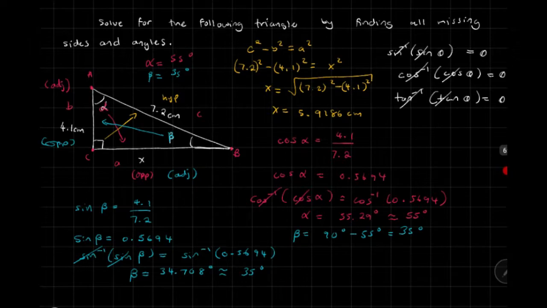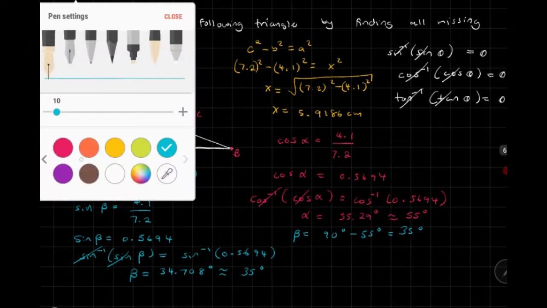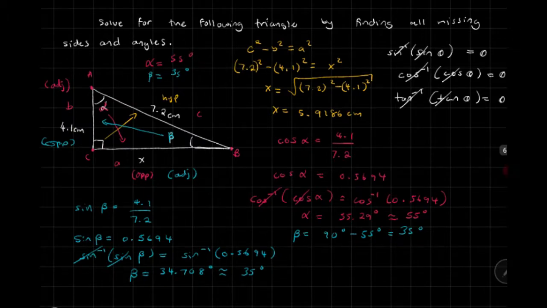Well, you can use any of these two angles now. Let's just use alpha, and you'll see that you'll get the same answer. So alpha, this will become the opposite side, so the sine of alpha, which is 55 degrees, is equal to x, the opposite side, over the hypotenuse, 7.2.